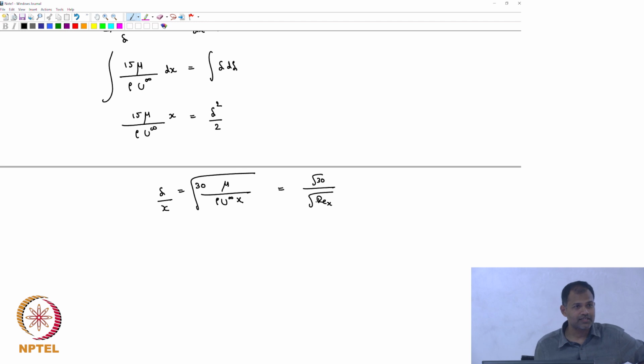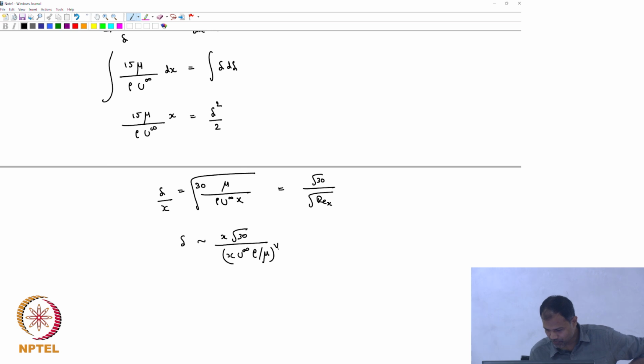Is this right? So that we have delta going as x root 30 divided by x u infinity rho by mu to the power of half, and that gives us x to the power of half.